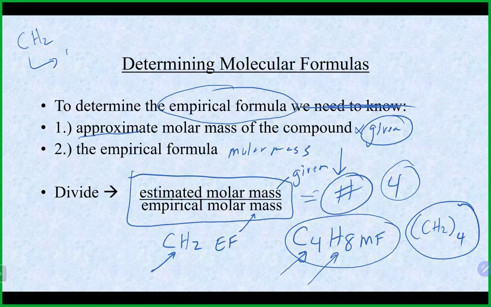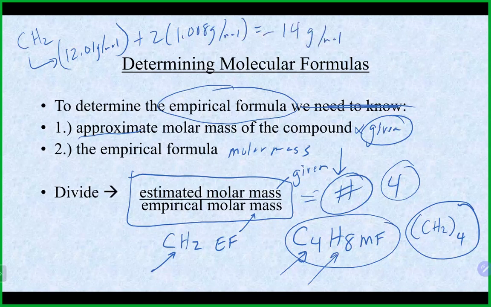So in this case, we go 12.01 for the carbon, and we would add 2 times 1.008 for our hydrogens there. So you get approximately 14 grams or so per mole. You could do the real calculation there, but that would be the molar mass of the empirical formula, which is what you need. And that is what will go on the bottom of this division here.